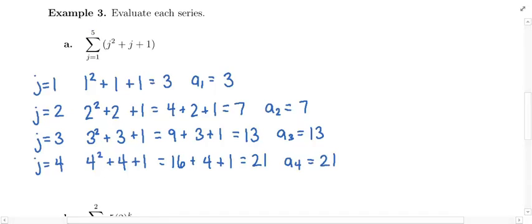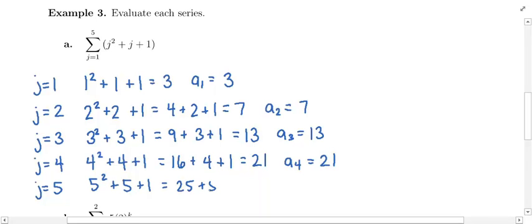Then the last term we need to compute is given by this number right here. So we just need to go to the fifth term. We let j be 5. Plug in 5 for j. We get 5 squared plus 5 plus 1. That's 25 plus 5 plus 1. So that's 31. The fifth term is 31.